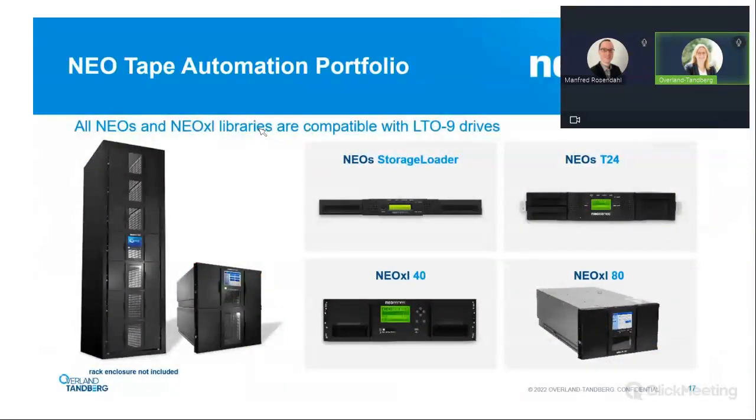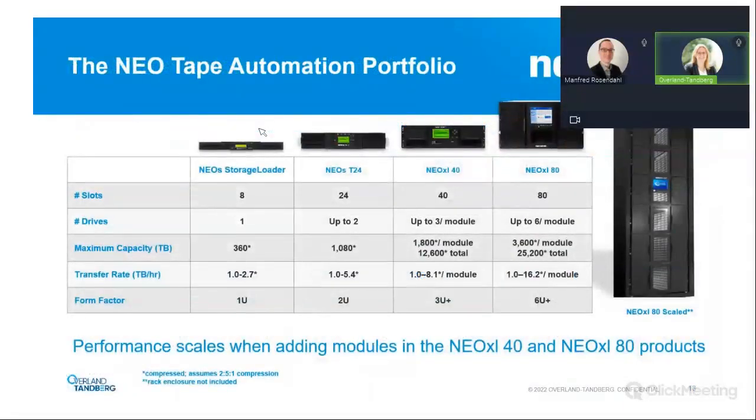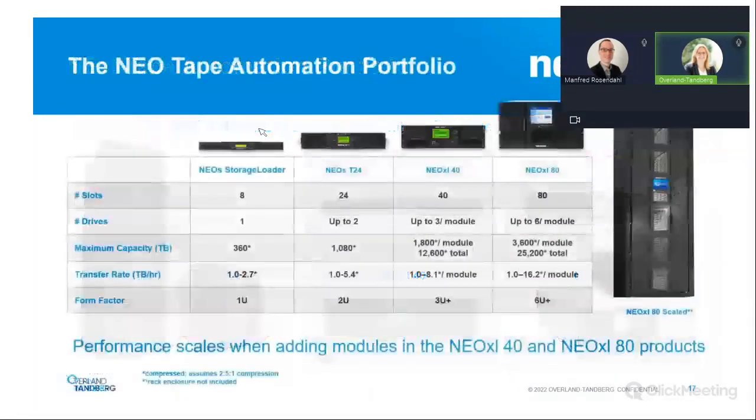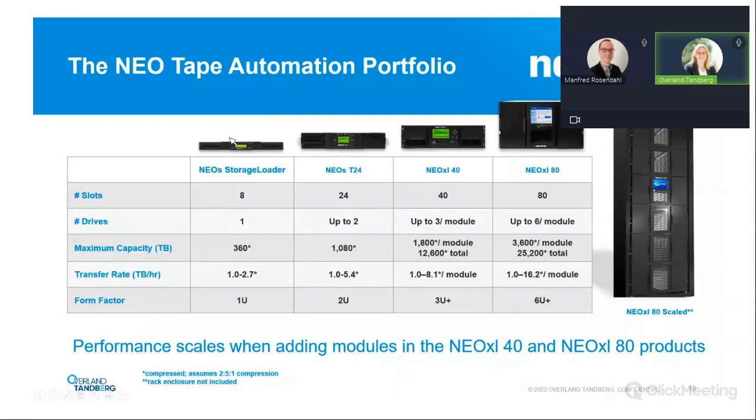So what does our tape automation portfolio look like at the moment? So we're going from 1U with a simple storage loader over a 2U solution up to 6U.